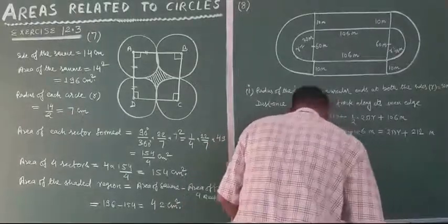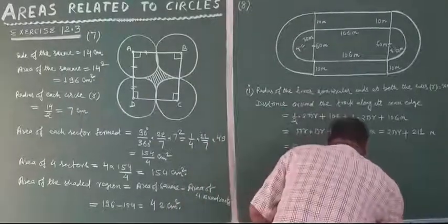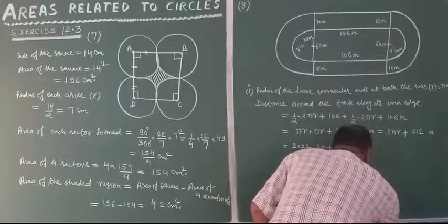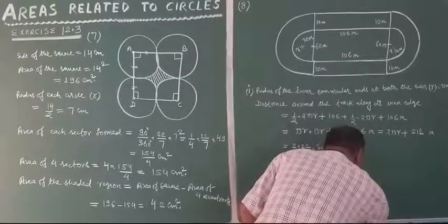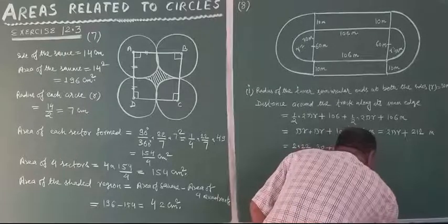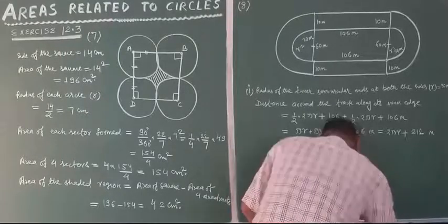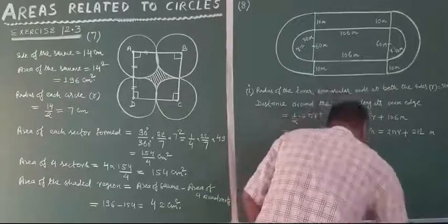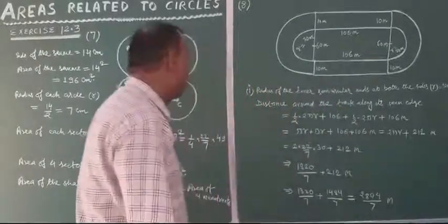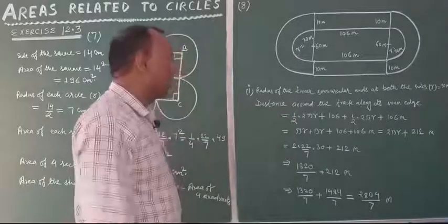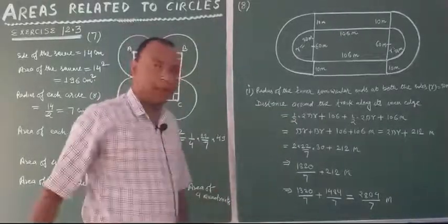You will get 28 upon 7 meter. So this is the distance around the track along its inner edge.